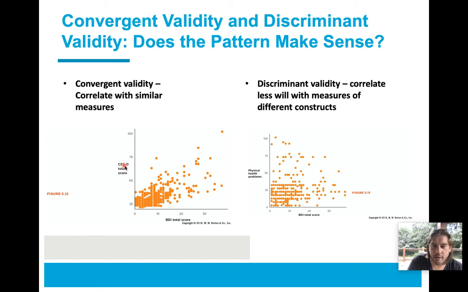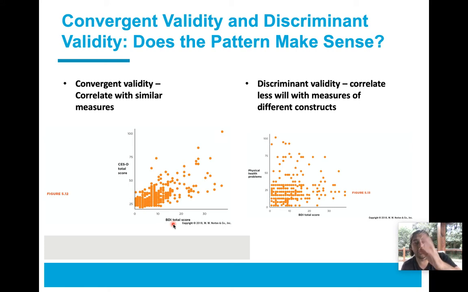I forget what that acronym stands for, but it's a second measure of depression in the field. So the BDI would have good convergent validity for measuring depression because it correlates well, right? This is a clear pattern of correlation, a pretty strong positive correlation. It correlates well with other measurements of depression. So that gives us confidence that we are also measuring depression.